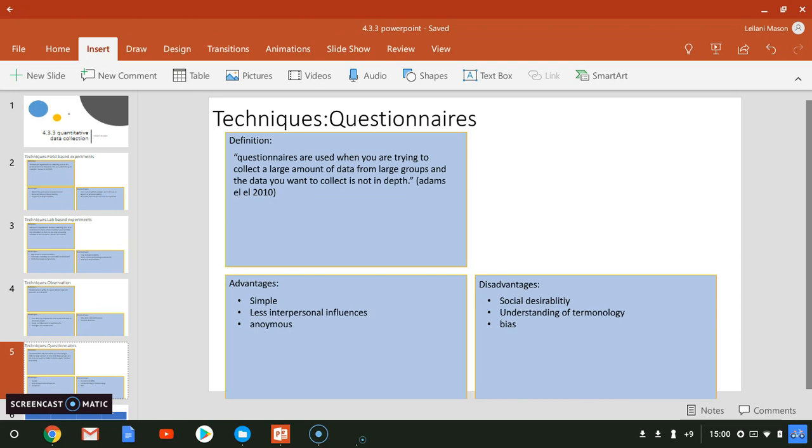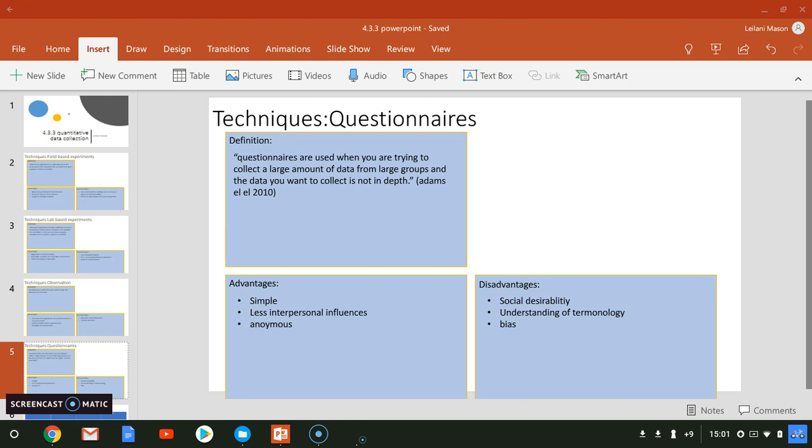These questionnaires can have open and closed questions where there could be simple answers, and the questionnaires are simple to conduct because they're just a set of questions. There are less interpersonal influences, so how they feel, and these questionnaires can be anonymous.